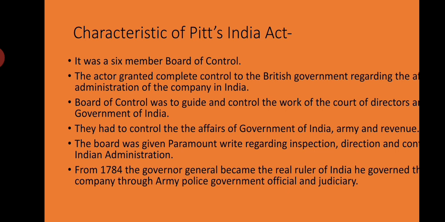From 1784, the Governor General became the real ruler of India. He governed the company through army, police, government officials and judiciary.